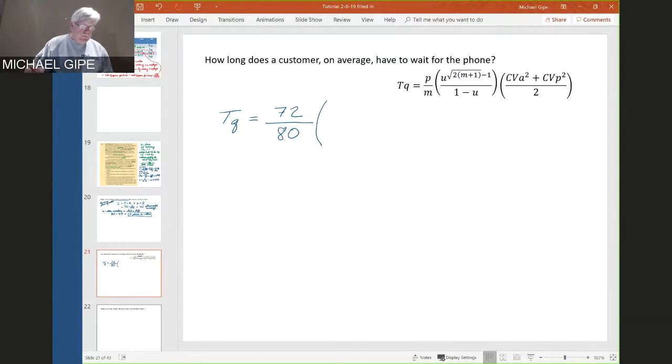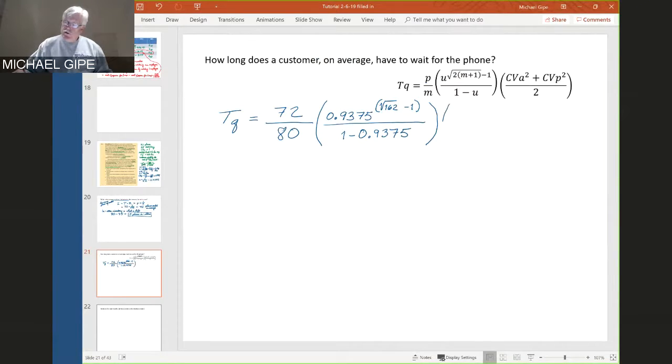Our utilization is pretty high, 0.9375, almost 94%, and we're going to raise that to the power of the square root of 2 times 80 plus 1, that's 162, minus 1, that fancy formula, and then 1 minus the utilization, 0.9375.